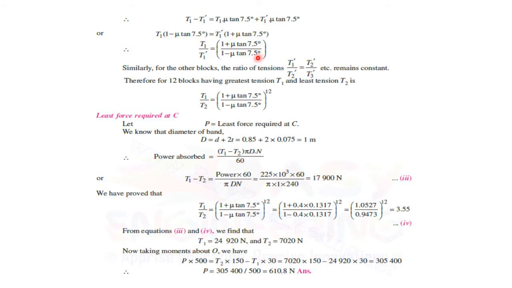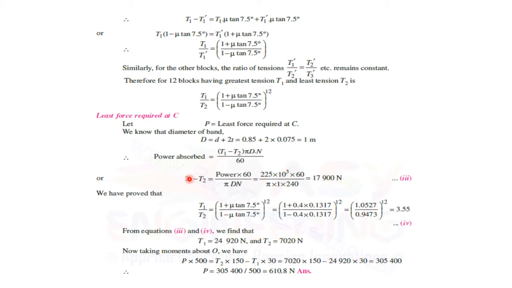You already know that in the derivation of band brake, for other blocks T1 upon T1 dash is equal to T2 dash upon T3 dash is equal to T3 dash upon T4 dash, remain constant. Therefore T1 divided upon T2, it means the initial and final tension ratio, will be equal to (1 plus mu tan 7.5 degree divided upon 1 minus mu tan 7.5 degree) whole to the power of 12 because number of blocks n is equal to 12.